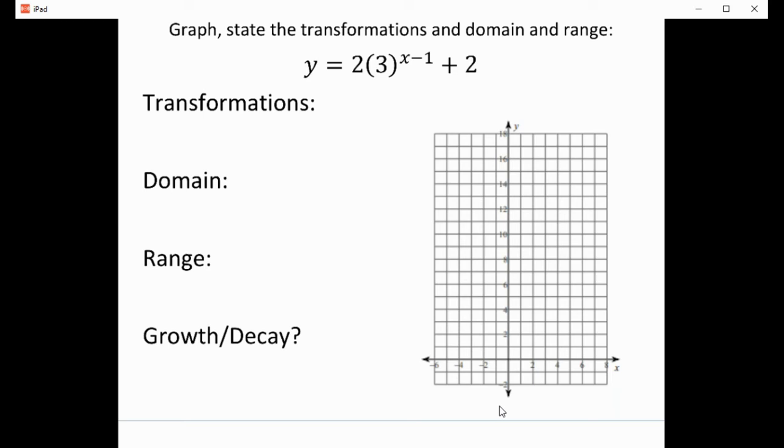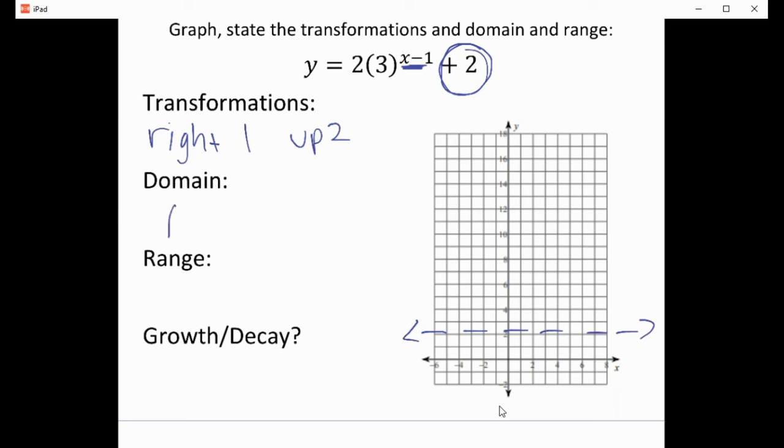Again, for my transformations, this -1 is going to go right 1, and this +2 will take it up 2. And before I even get any dots, I can go ahead and put my asymptote at 2.